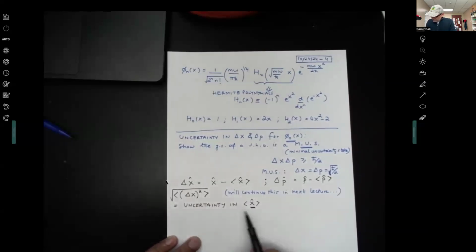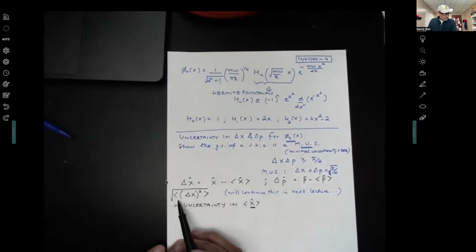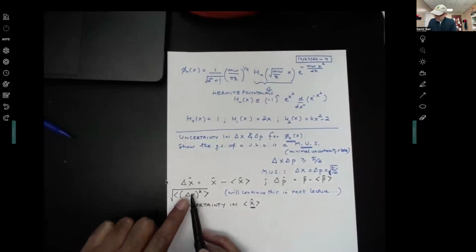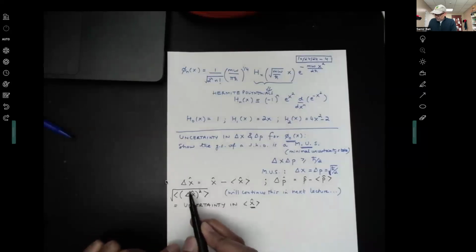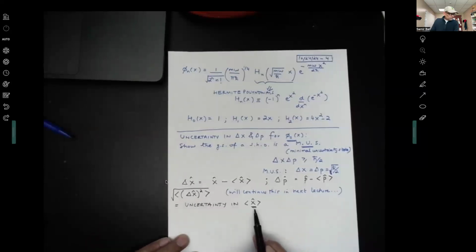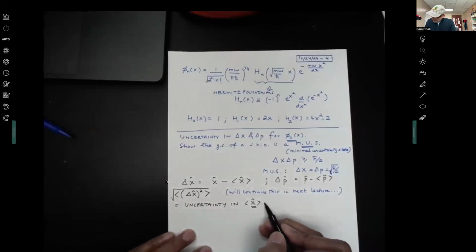So these are things that you actually measure. The uncertainty in this is defined as follows: first you find the expectation value of this guy squared, and then you take the square root to find the uncertainty in this operator, and this will be your delta x.